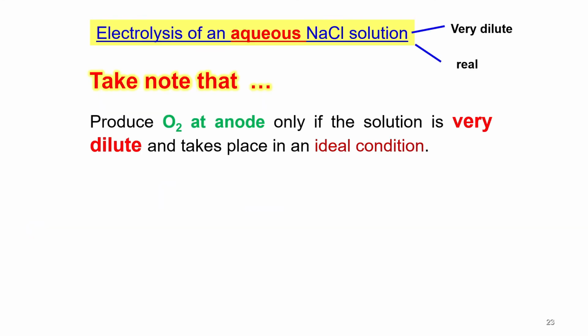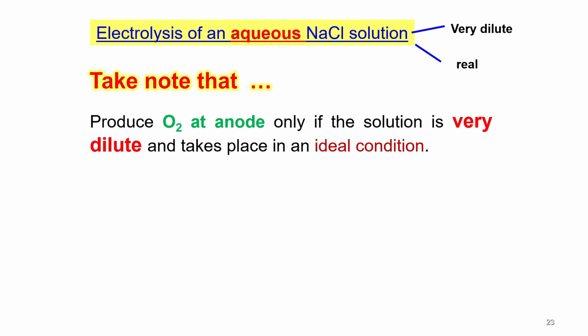Simpulannya untuk electrolysis of aqueous NaCl, okay, kalau dia bagi tahu dia ialah dilute NaCl, meaning di anode dan cathode kita akan pilih water. Tapi kalau dia ialah aqueous sahaja, dia tak mention dilute ke apa, dia mention aqueous, so aqueous tu meaning concentrated lah tu.